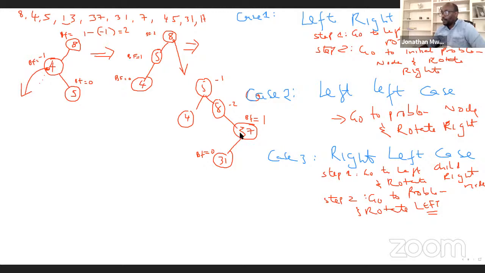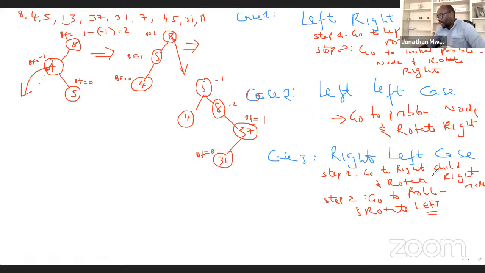So we go up here. So the first thing, step 1, go to the child and rotate right. We had right. So this has a right problem. So we go to the right child. Yeah, because of the right problem.